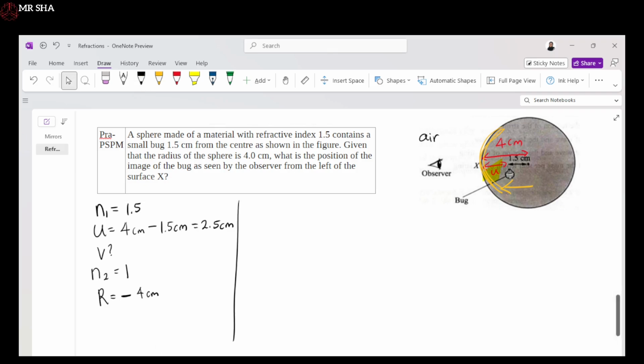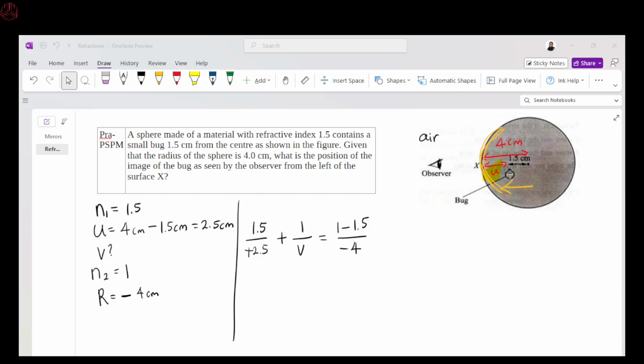Now we can substitute these values into the equation that we have before this. So I have 1.5 over positive 2.5 plus 1 over v equal to 1 minus 1.5 over negative 4.